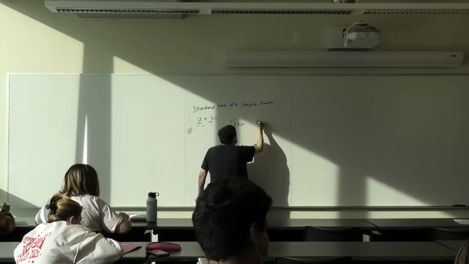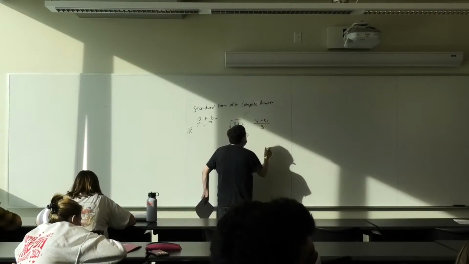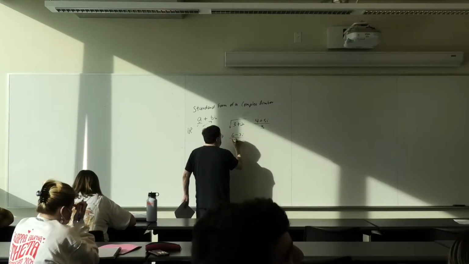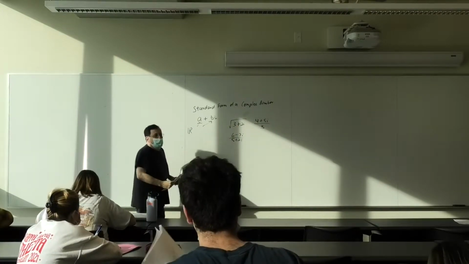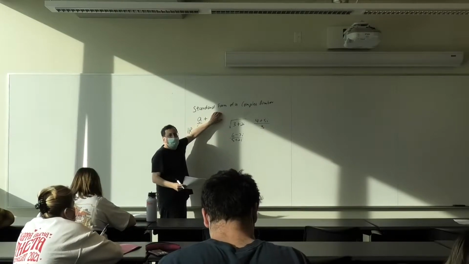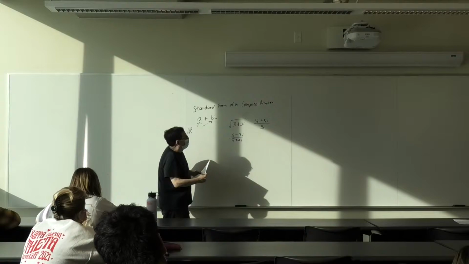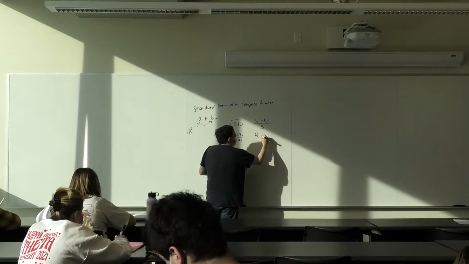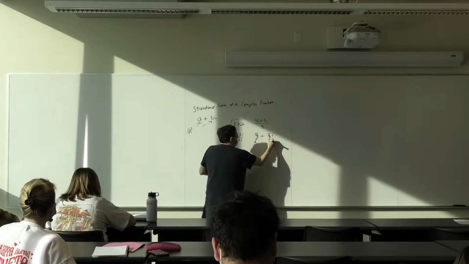If I gave you the number 4 plus 5i over 3, or 6 minus 7i divided by 5 plus 2i, these are all complex numbers, but they're not in standard form. Okay? Now, some of these are easy to put in standard form. Like this one could just be 4/3 plus 5/3 i. And that's the a and that's the b.